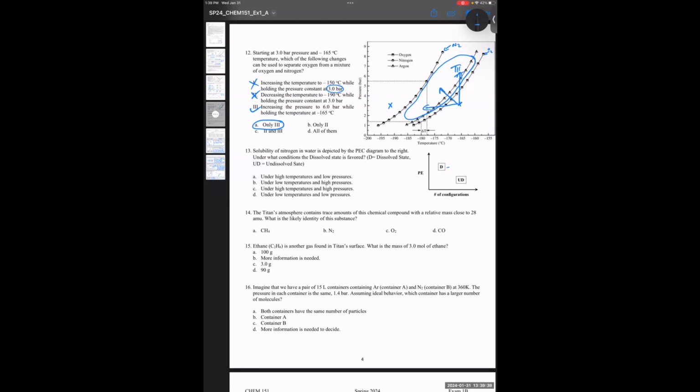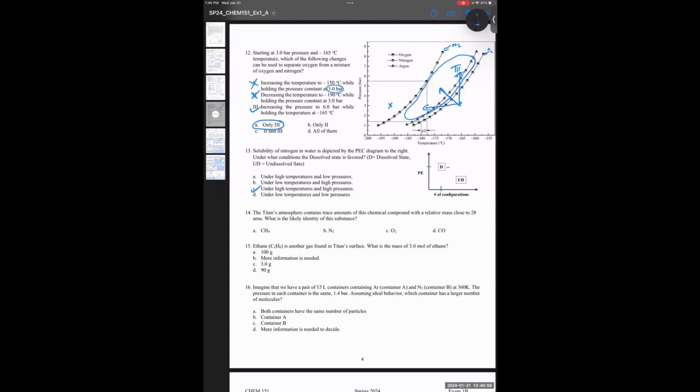D has a higher potential energy. You need to have a higher pressure. Why? Higher pressures favor the state with lower number of configurations. D has a lower number of configurations. Okay, so higher pressures and higher temperatures. That would be option C, under high temperatures and high pressures.